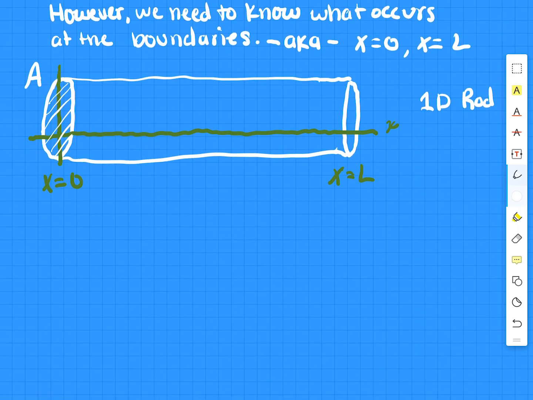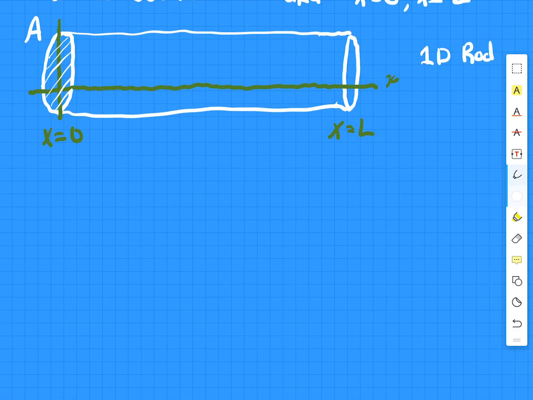So what we're asking here is, what are the boundary conditions?